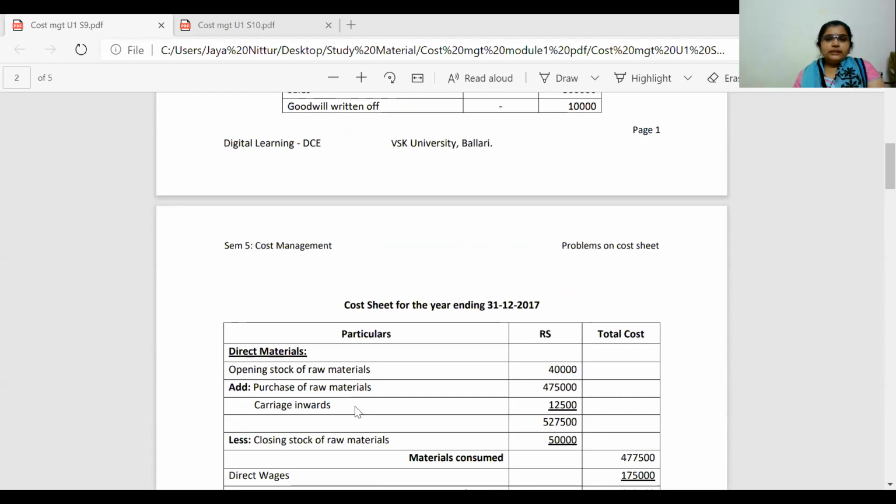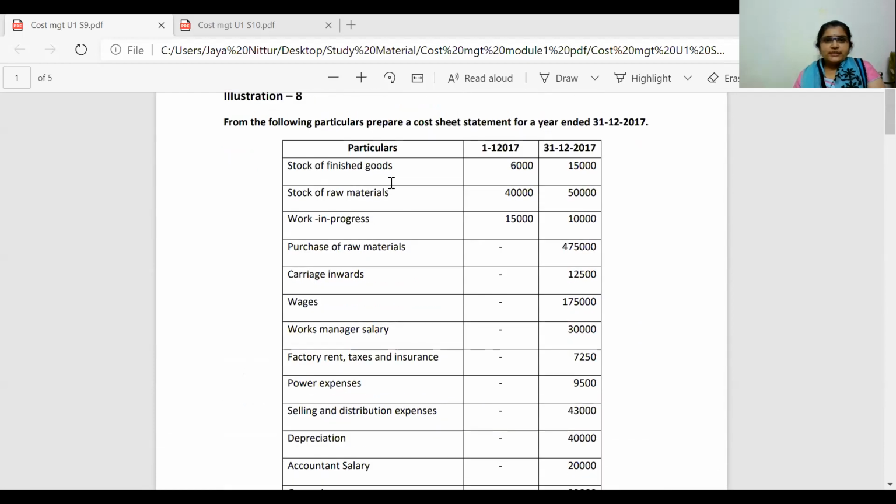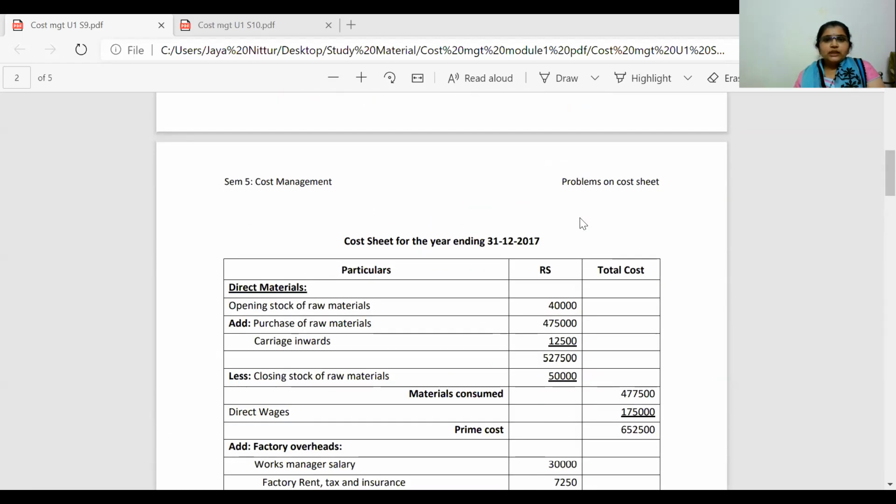In the format we followed, we need to add direct materials. For that, we need to add opening stock. He has given stock of raw materials: opening is 40,000, closing is 50,000. We add opening 40,000, purchase of raw material 4,75,000, and carriage inwards 12,500. The total amount is 5,27,500.